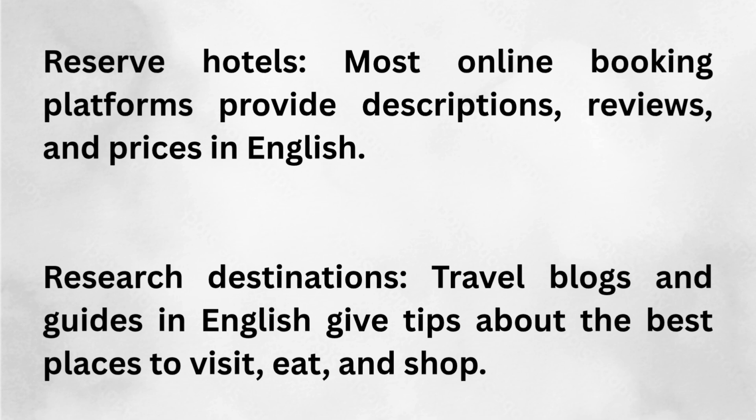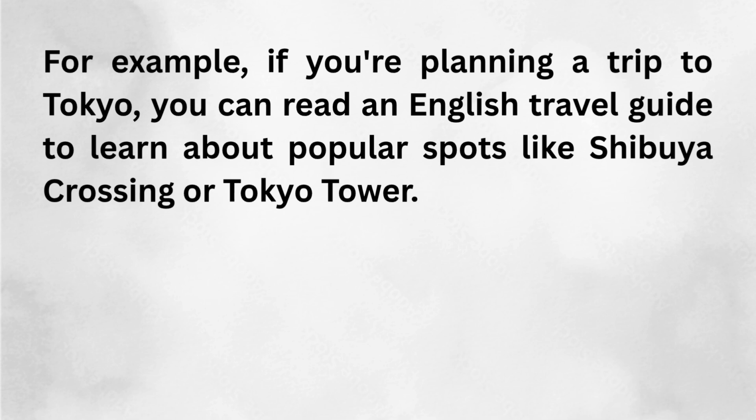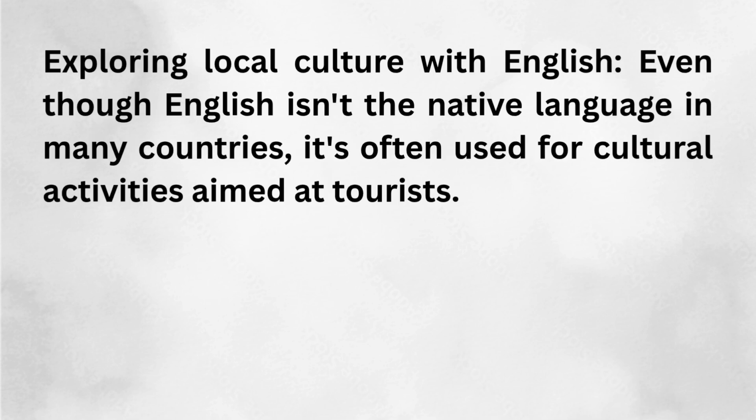Research destinations. Travel blogs and guides in English give tips about the best places to visit, eat, and shop. For example, if you're planning a trip to Tokyo, you can read an English travel guide to learn about popular spots like Shibuya Crossing or Tokyo Tower.